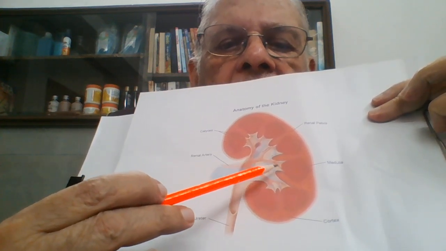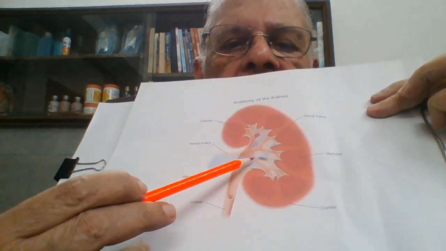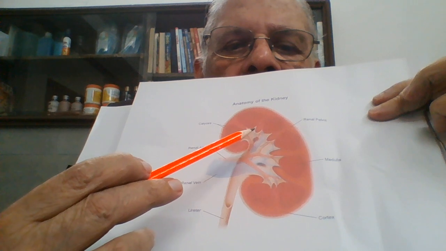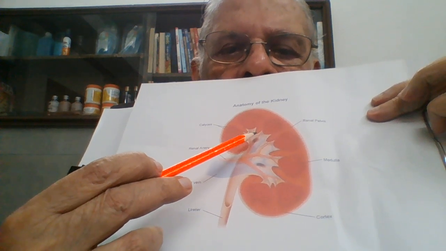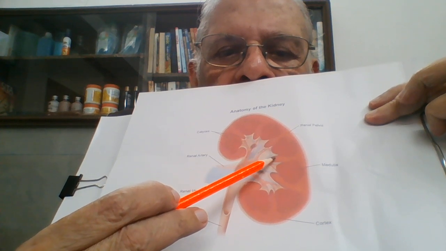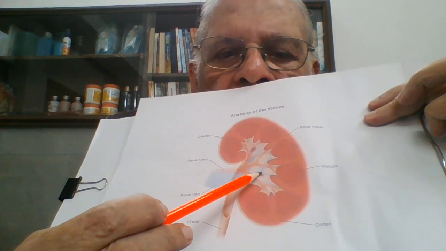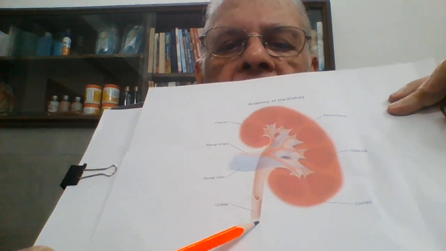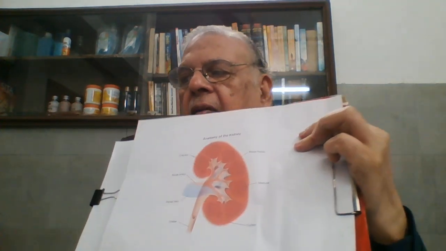This all is inflamed in chronic pyelonephritis, and the urine is formed in microdrops. It comes from these spikes, these various spikes. It is coming from there. It is collecting in this pelvis. From the pelvis it goes into the ureter, and from the ureter it goes into the bladder.